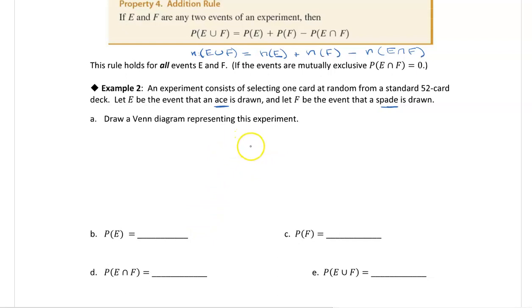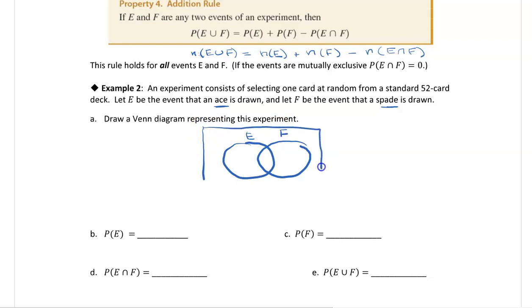I'm going to draw a circle to represent the event E and another circle to represent the event F. My universal set is the whole sample space of this experiment of drawing a single card from a deck of 52. So there are 52 possible outcomes, 52 different cards.